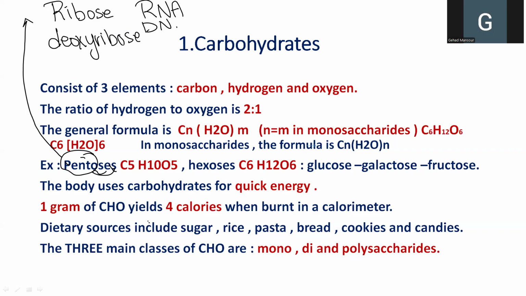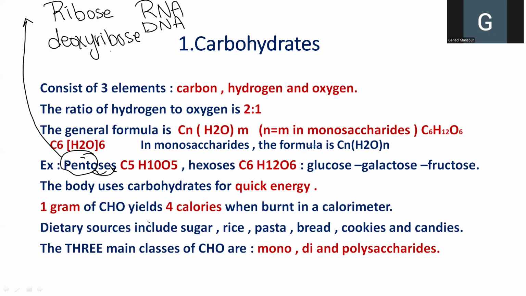Both ribose and deoxyribose are important because they enter the structure of nucleic acids, and these 2 sugars are considered pentoses.